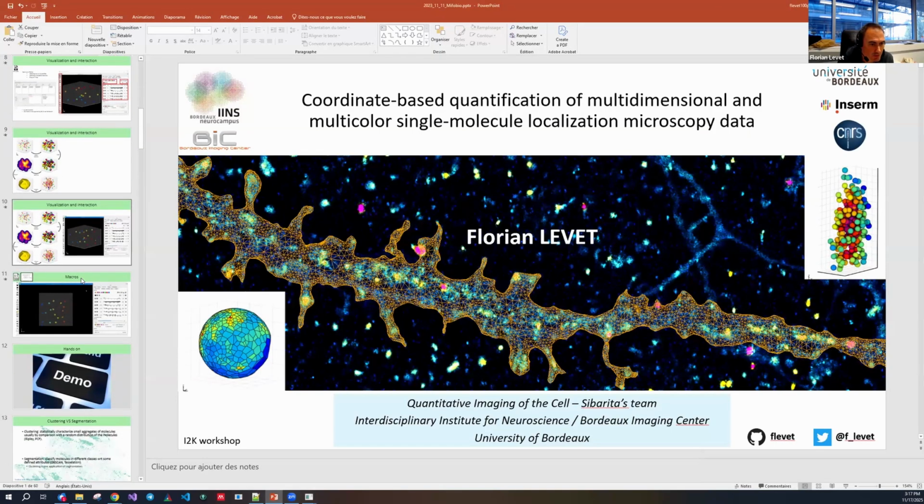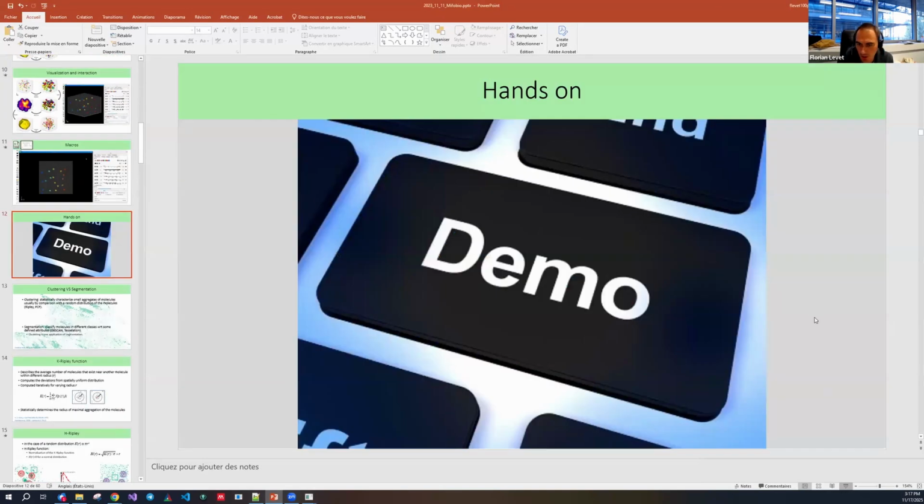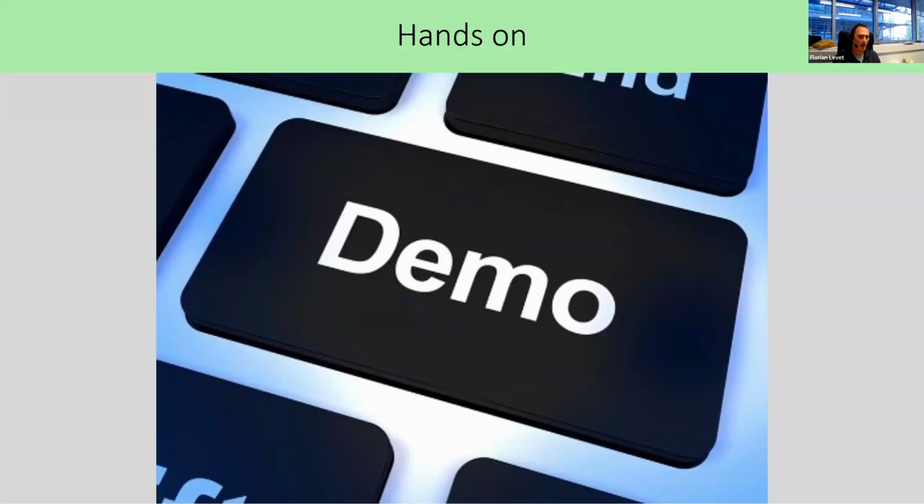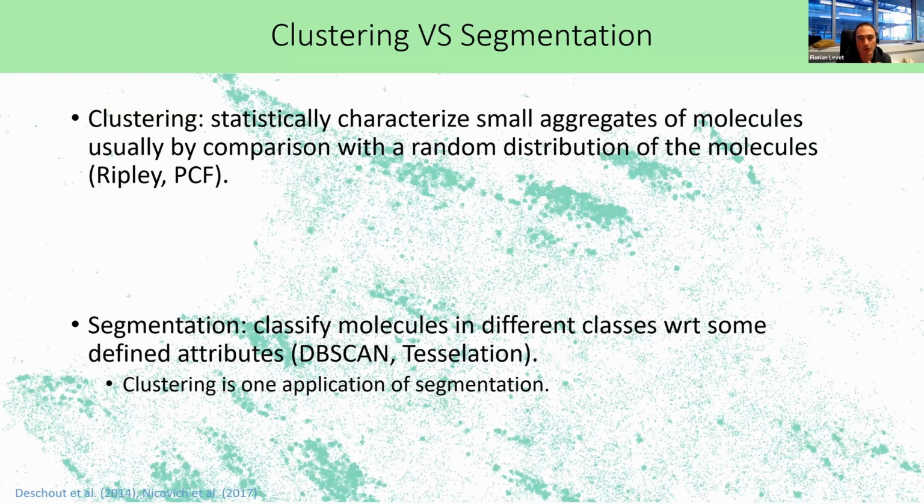So I was here, and now I will begin to talk about how you can do your quantification with point cloud analyst. Usually, when you are using single molecule localization microscopy, you would want to do either clustering or segmentation when you are quantifying one color.